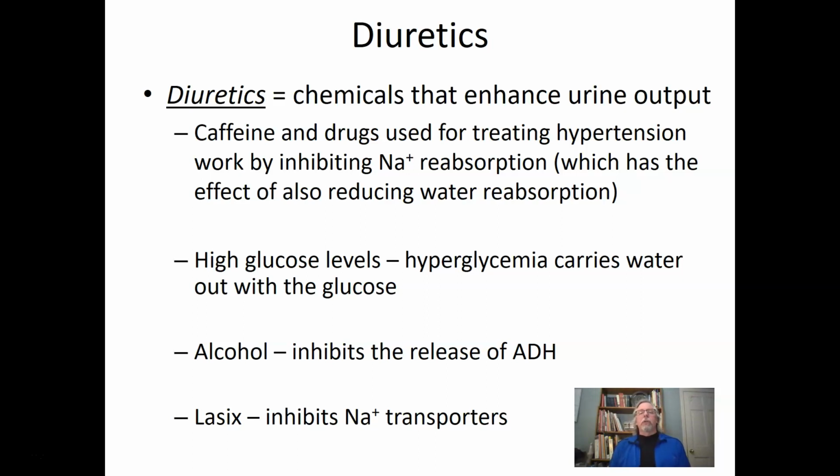But if you have hyperglycemia, and this could be the result of diabetes, untreated diabetes, the glucose transporters in the wall of the tubule are saturated, and there aren't enough of them in order to remove all of the glucose. So some glucose ends up being in the urine. And just like for sodium, when there's more of a solute in the urine, that drags along with it more water as well.